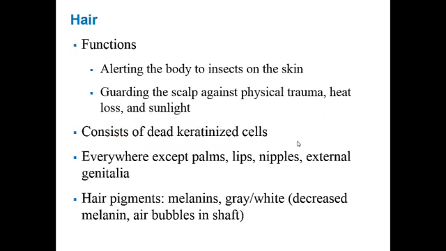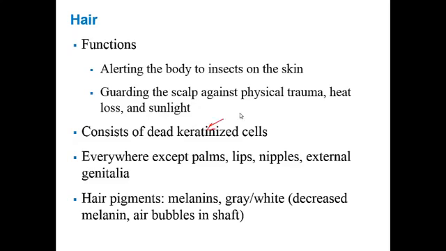Functions of the hair include alerting the body to insects on the skin, so if you think about a mosquito landing on your skin, and other examples would be guarding the scalp against physical trauma, heat loss, or sunlight. Now, all hair consists of dead keratinized cells.